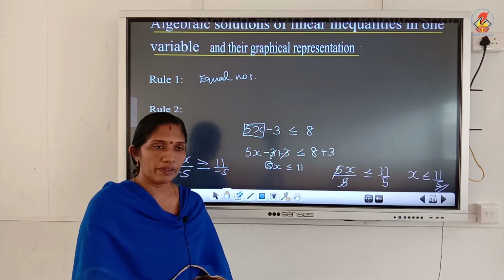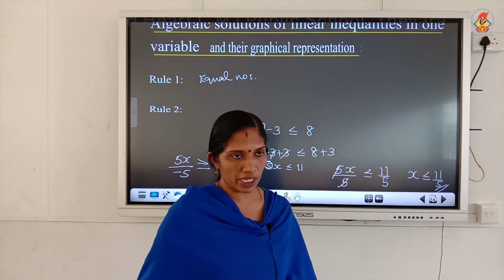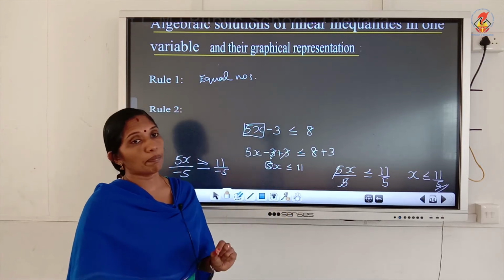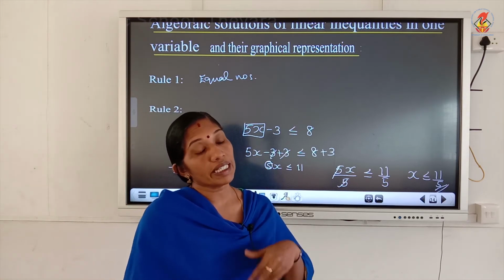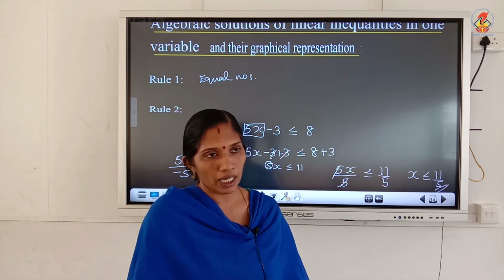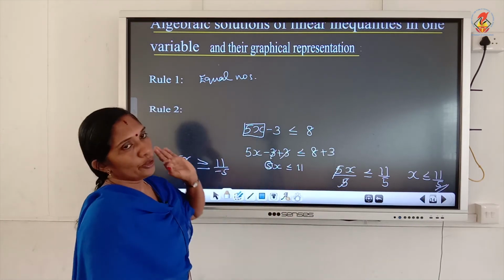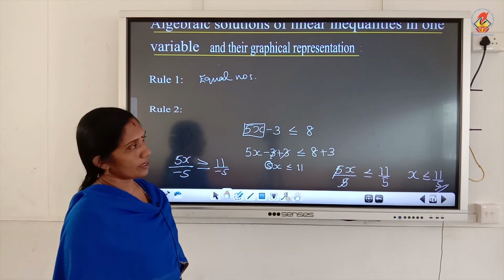The sign won't change. But if you divide or multiply by a negative number, then the sign of the inequality is reversed. The opposite sign will come. Okay, so these two are the rules. Using these rules, you can solve a given inequality.